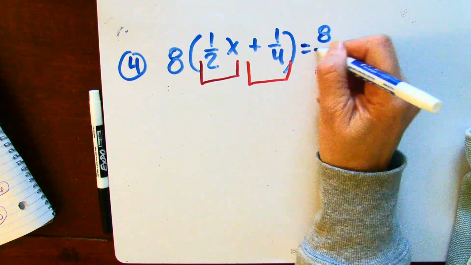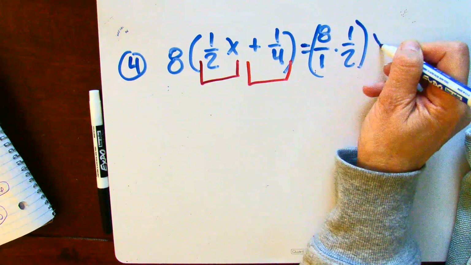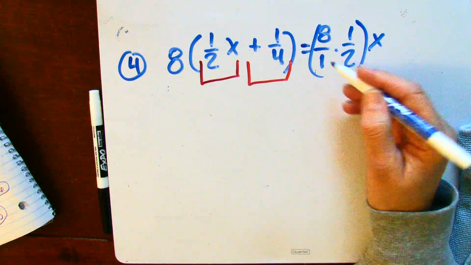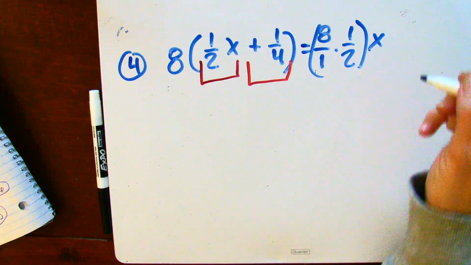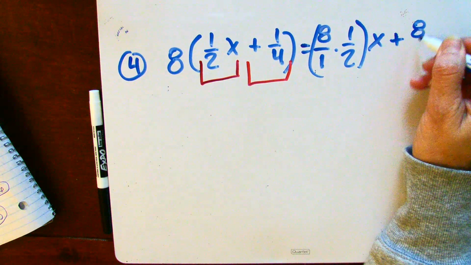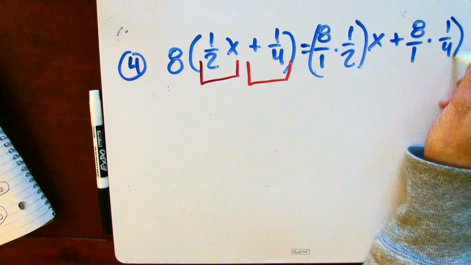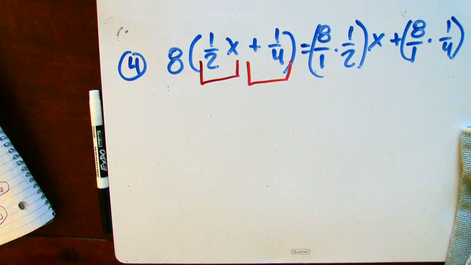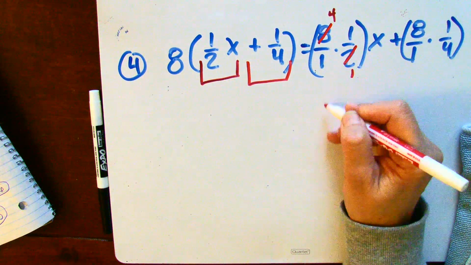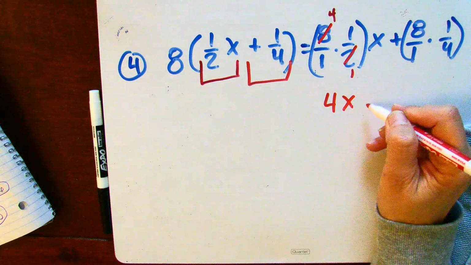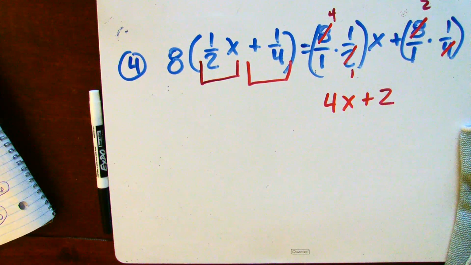So 8 over 1 times 1/2, and we could put them in parentheses like this. Basically, this means we're going to multiply first and then associate that with the x. Then we have 8 over 1 times 1/4. 2 goes into 8 4 times. So we're going to have 4x plus, and 4 goes into 8 2 times, 2. 4x plus 2.